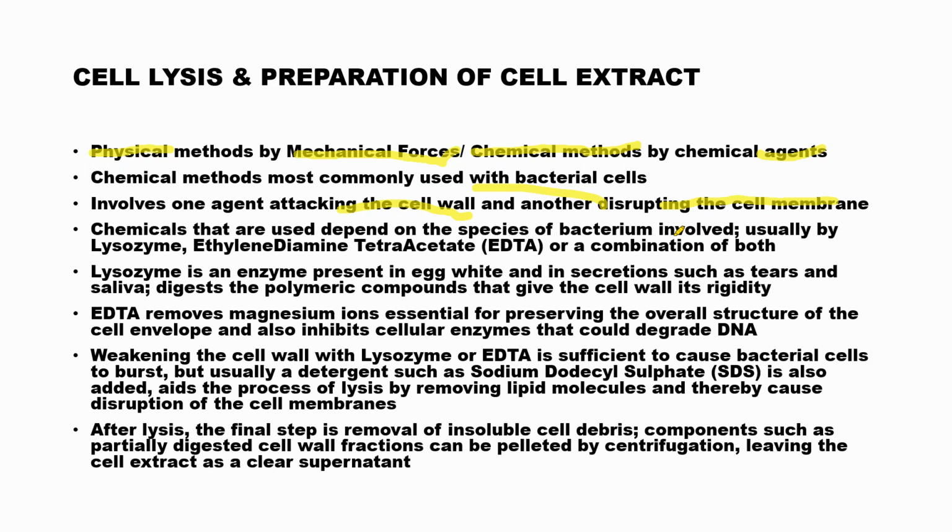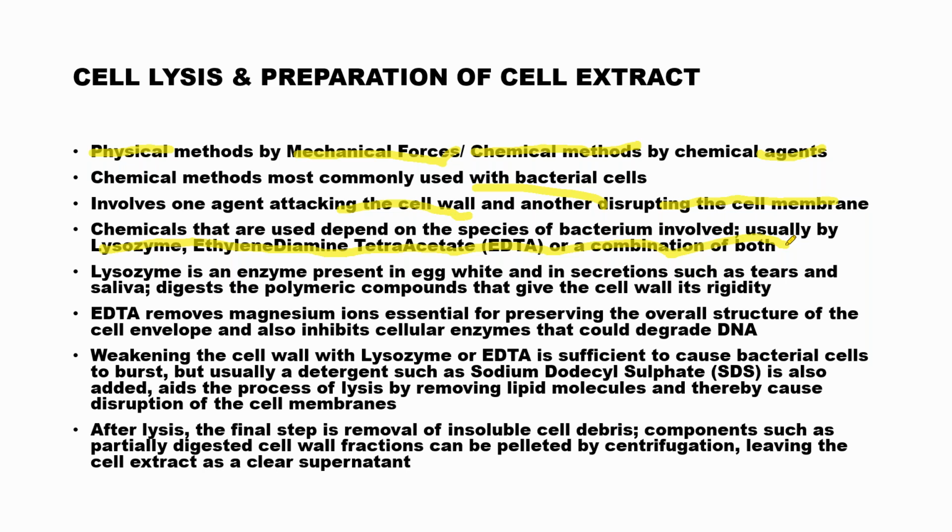So in the case of gram-negative organisms, we are mainly using lysozyme, ethylene diamine tetraacetate, that is EDTA, or a combination of both. Fine. Lysozyme is one agent, then EDTA is another agent, or we will use them in combination.